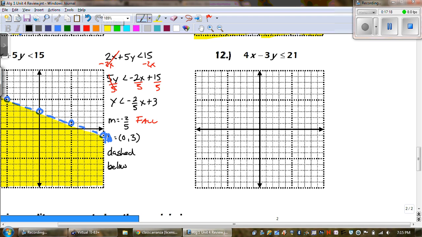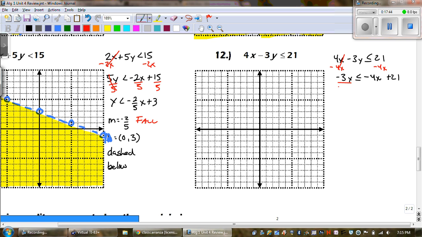All right, number 12. Let's go ahead and solve. We have 4x minus 3y is less than or equal to 21. So once again, we have to solve for y because we want it in y equals mx plus b. Negative 4x plus 21.